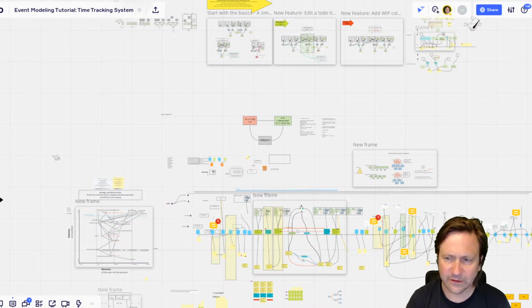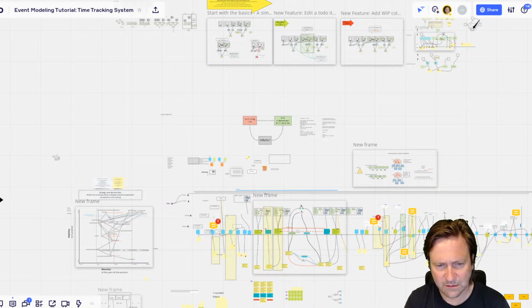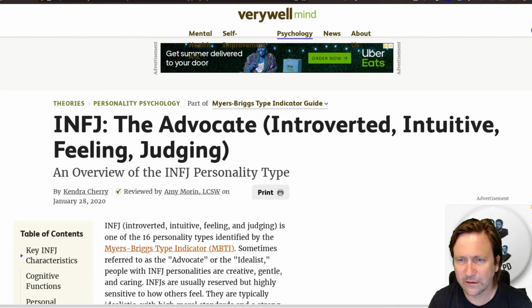I'm not sure about the other letters in this. It's the Myers-Briggs thing, right? INFJ. Apparently that's what I am. I don't know. But I'll post this here so people can see what I read.